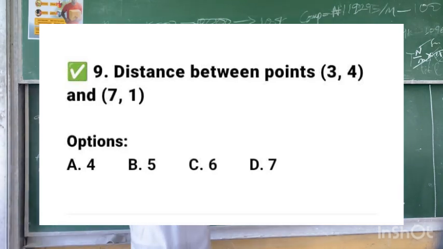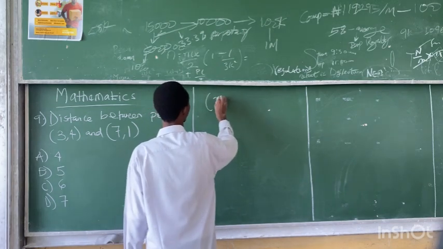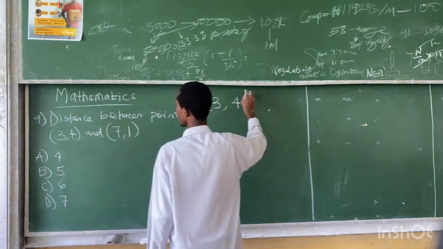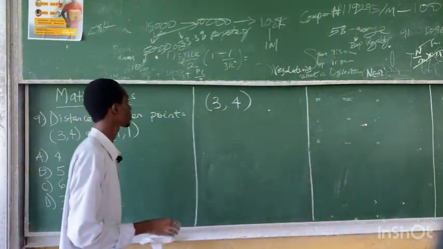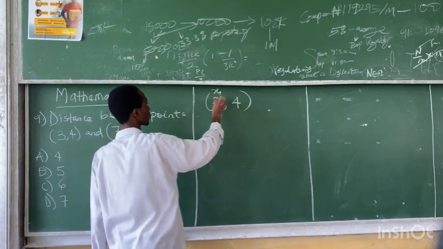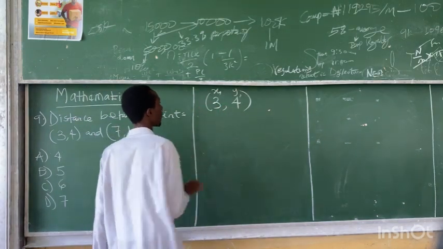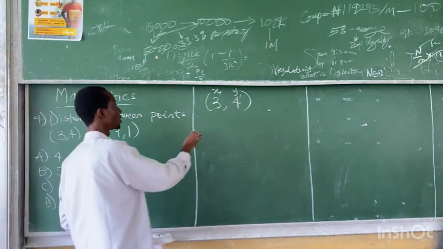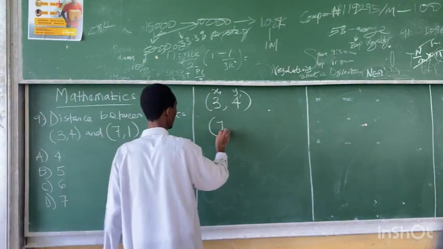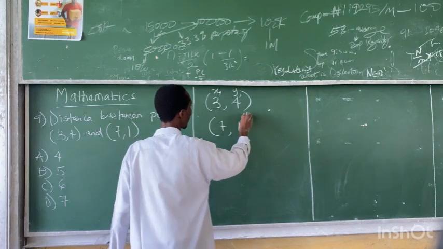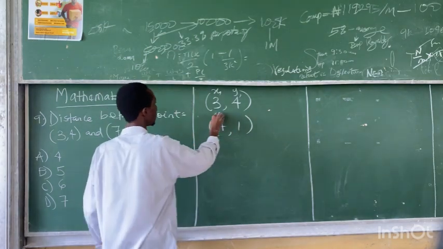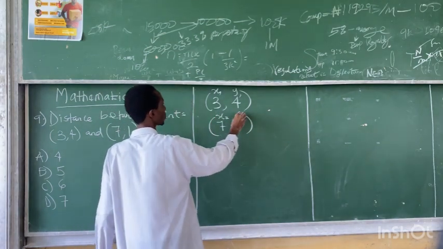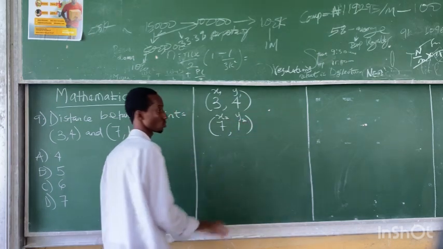Now for the first point, we have 3 and 4. Let's call this x1 and let's call this y1. This is for the first coordinate. For the next, we have what? The next point is 7 and 1. Let's call this x2 and let's call this y2.